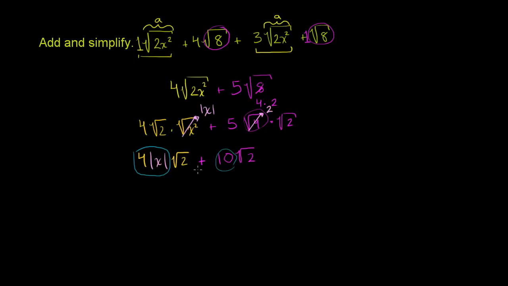Or another way to think about it is you could factor out a square root of 2. Either one of those works. And so you get 4 times the absolute value of x plus 10, times the principal square root of 2. So depending on whether you view this or this as more simplified, one of those two will satisfy you.